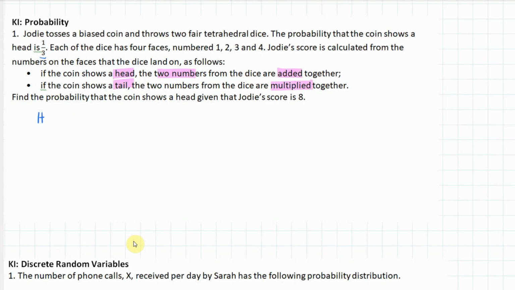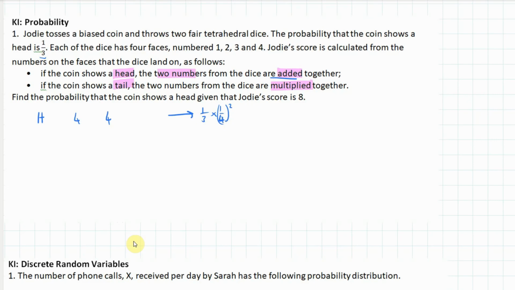Okay, that's the only way she can do it with getting a head, because we're adding. And 4 and 4 is the only way of making 8. So to think about the probability of this, we already know that the probability of this is a third. I think we get a third for heads times 1/4 squared, right?